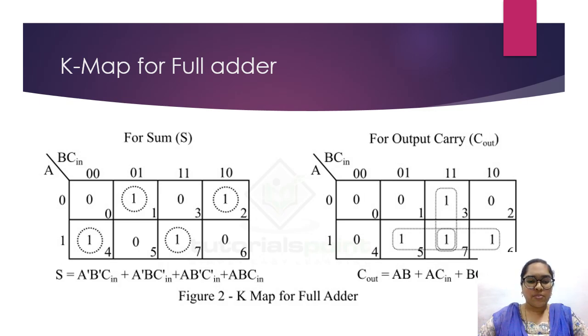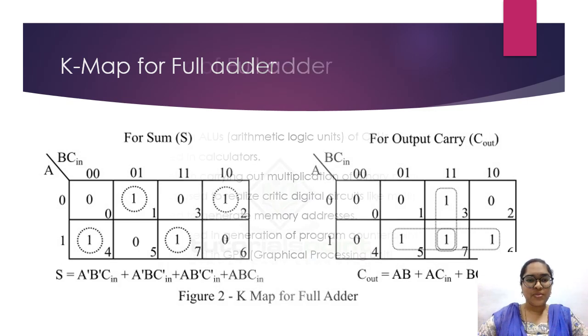S equals A bar B bar C plus A B bar C bar plus A bar B C bar, and finally A B C, and the carry equation is AB plus AC plus BC. So these equations are obtained through the rules of binary addition and K-map simplification.